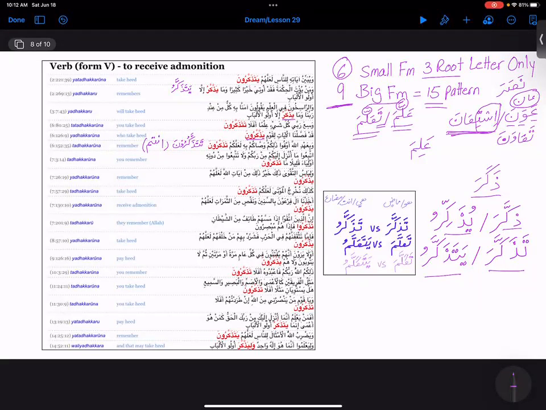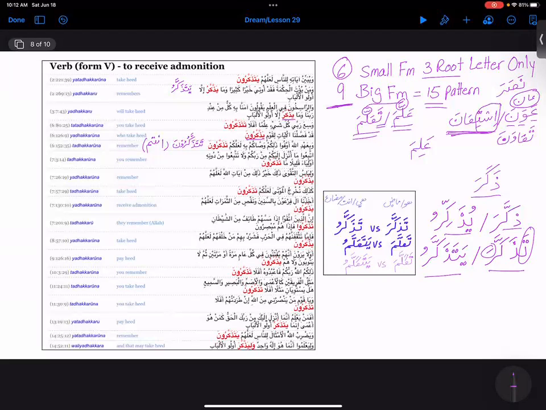See, so what happened? The thing I want to mention over here, tazakkara. Now this ta should not confuse you guys that this is fil mudariya. You can get confused because of the ta at the beginning, right? You're gonna say, okay, this is fil mudariya. But what is the clue that this is not fil mudariya? The ending. Very good. It has fatha.